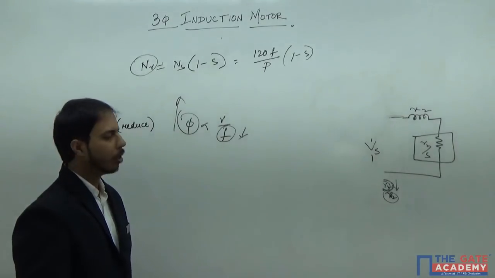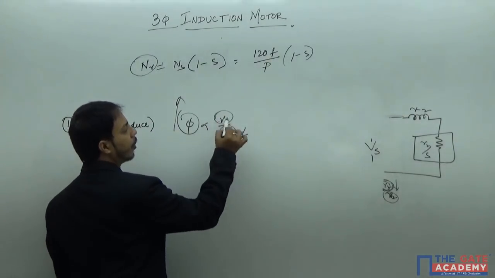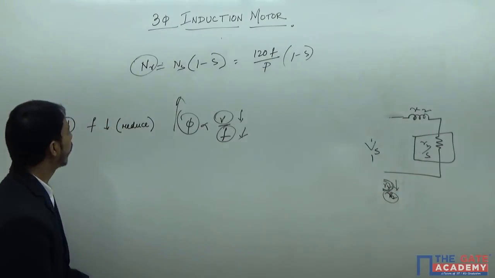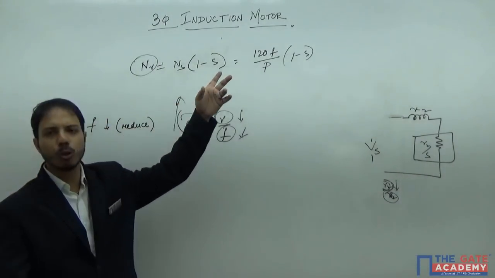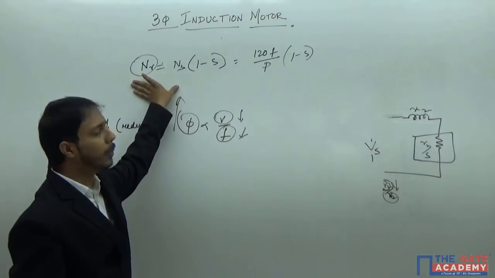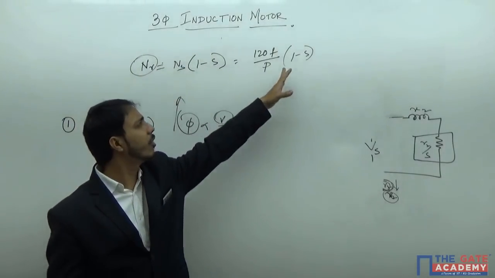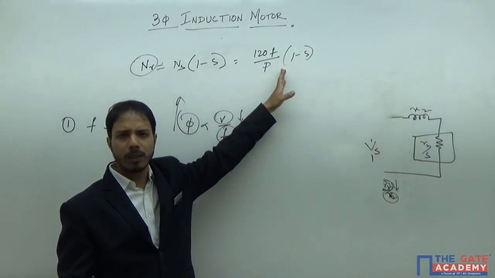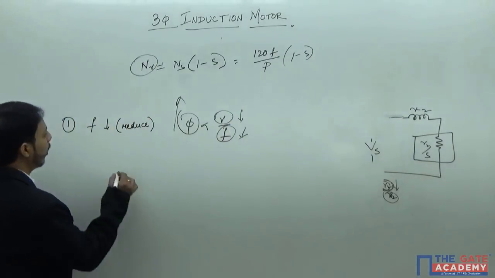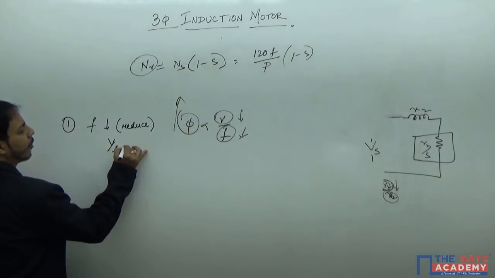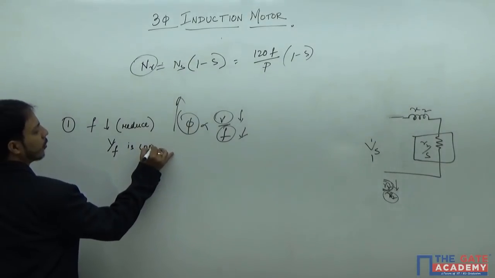In that case, I have to reduce my voltage also. So the technique of reducing the speed by reducing the frequency is possible only when V by F is constant.